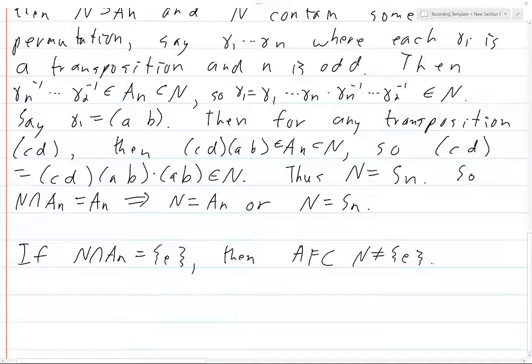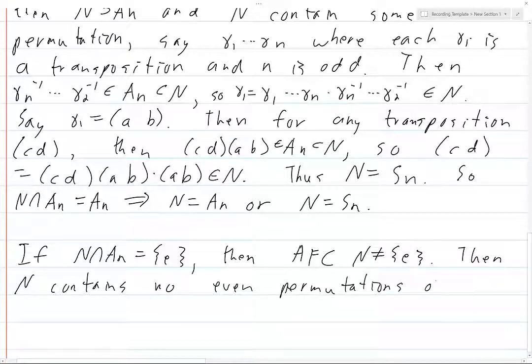So if N intersect An is E, then N cannot contain any other element of An besides E, which means N contains no even permutations other than the trivial one, E. And if N is not equal to E, then it must contain some element that's not E, and it can't be an even permutation.